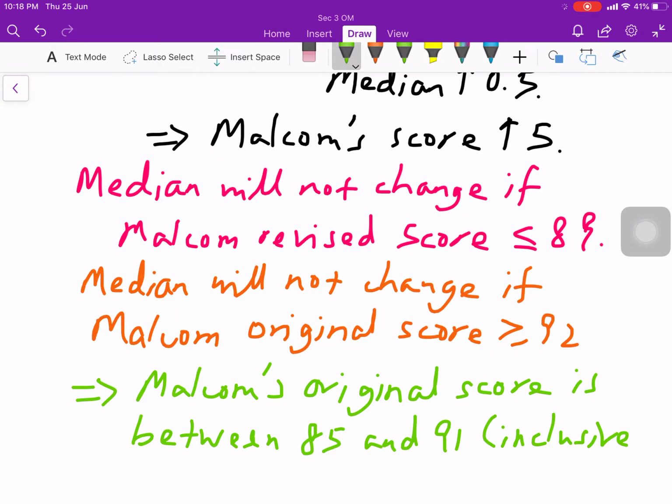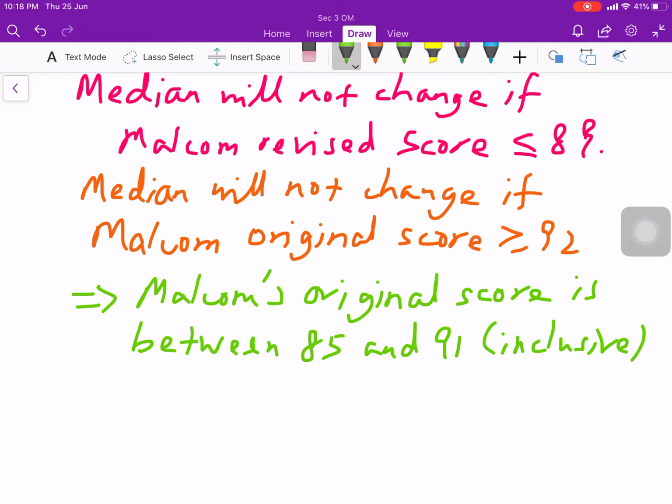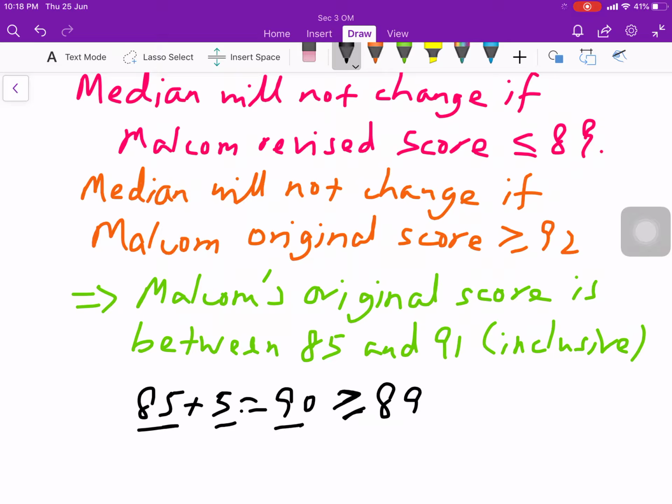Remember, after adding 5, 85 plus 5 gives you 90, and this 90 is greater than 89. We know that if Malcolm's revised score is less than 89, there's no change in median. But now 85 plus 5 is equal to 90, which is greater than 89. Therefore, the median will change, and the median will increase by 0.5, right?